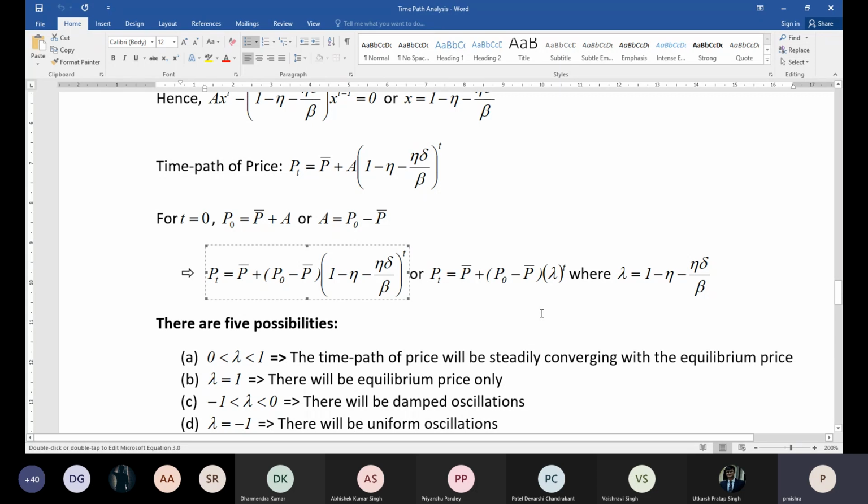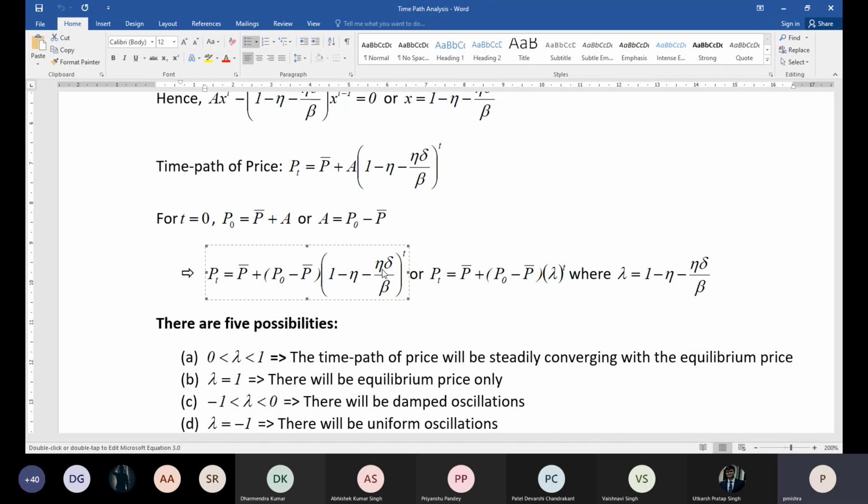But one thing is clear, given that all these coefficients are positive, lambda cannot be equal to 1, lambda cannot be greater than 1, because all these coefficients are positive. So the only possibility is that lambda is less than 1, but it may be negative, it may be positive.